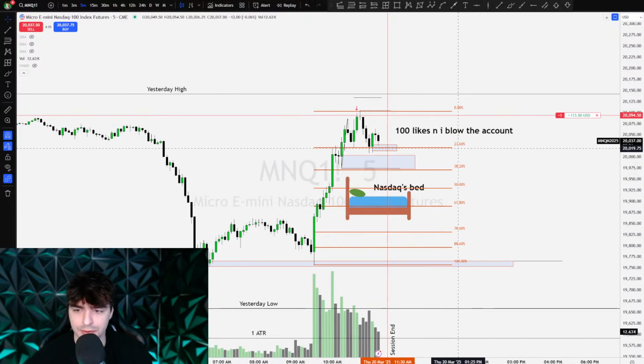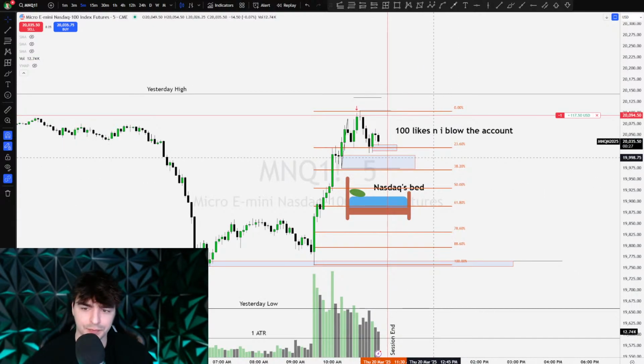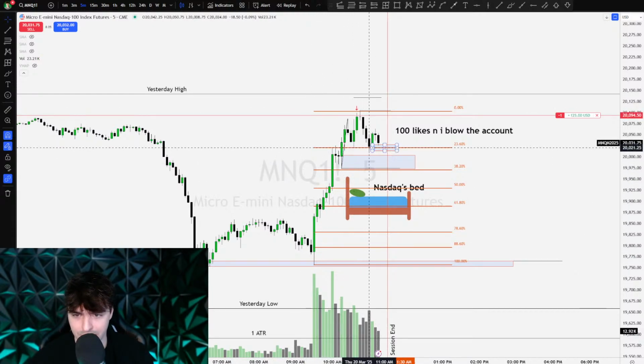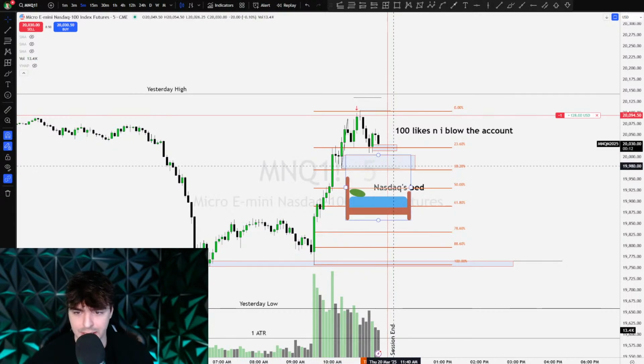Usually the 236 and 382 is where you'll bounce if you're in a really strong trend. So the fact that we're not closing below this 236 is not ideal. Doesn't mean it won't happen, but I would definitely prefer if we were trading below the 236, because then the 382 is more likely there.